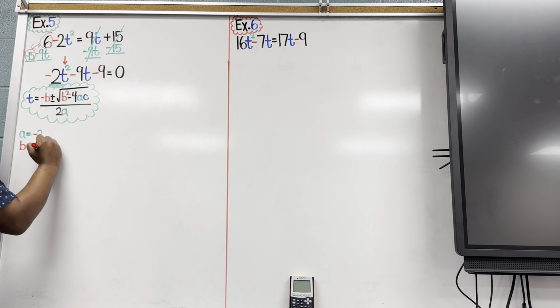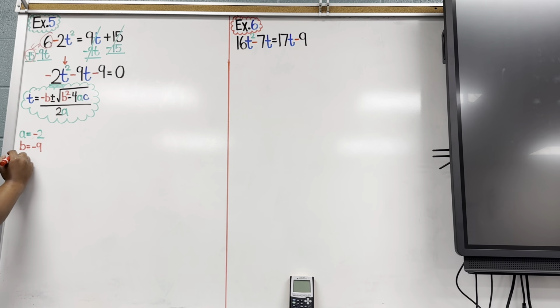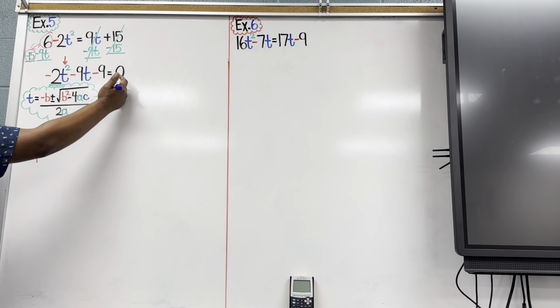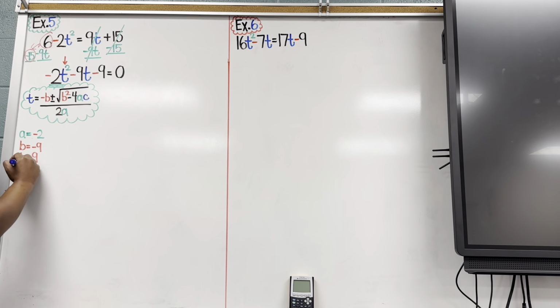So b equals negative 9, and if b equals negative 9, then negative b is positive 9. Last but not least, c is the constant at the end, which is negative 9. So c equals negative 9. This is what we have so far.